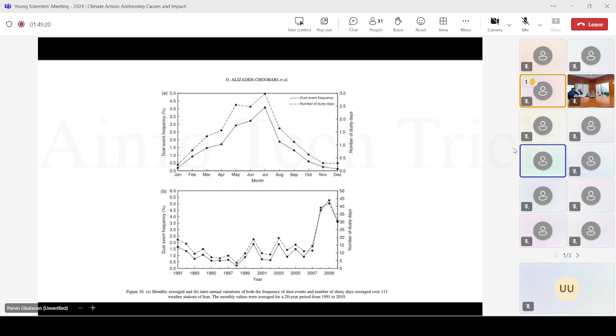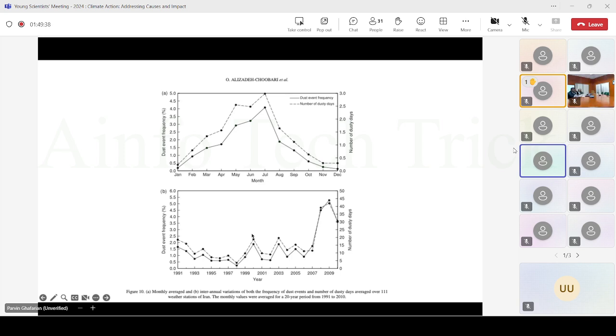Dust event frequency and the number of dusty days follow a similar pattern, indicating a strong correlation between the two. And there is noticeable year-to-year variation in both.